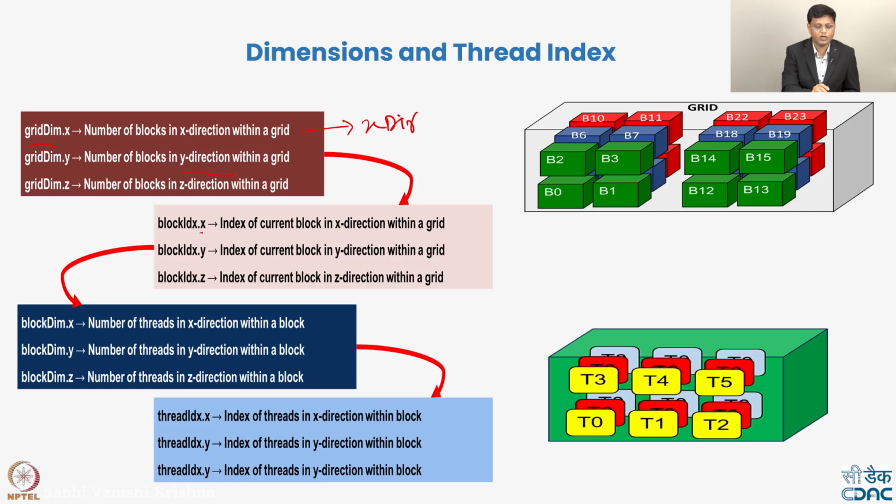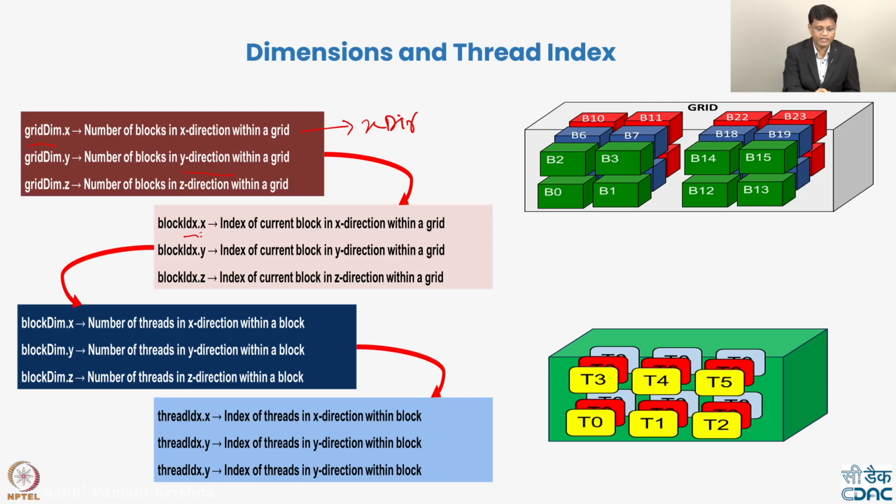Next is blockIdx. Here, Idx is a word indicating the index, and these 3 variables are used to identify the position of the block in the grid.